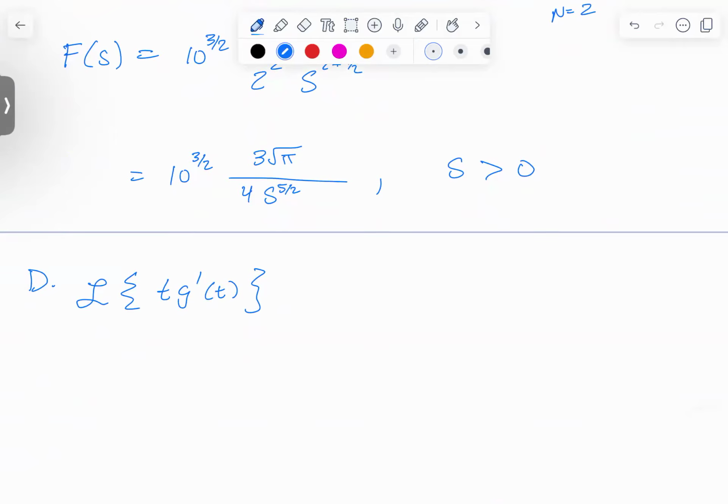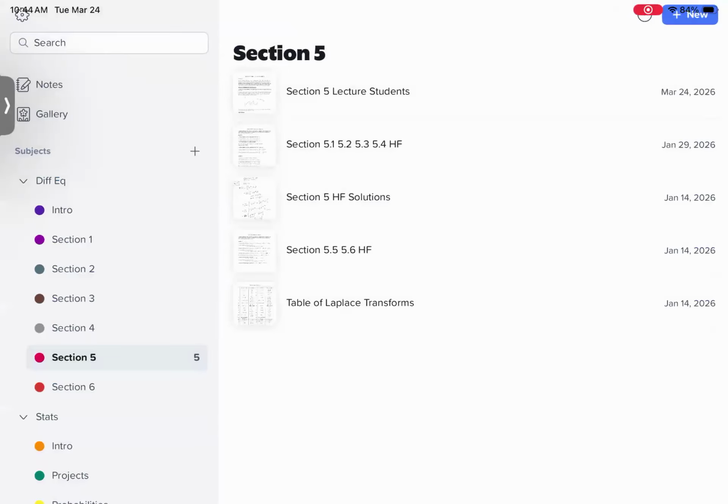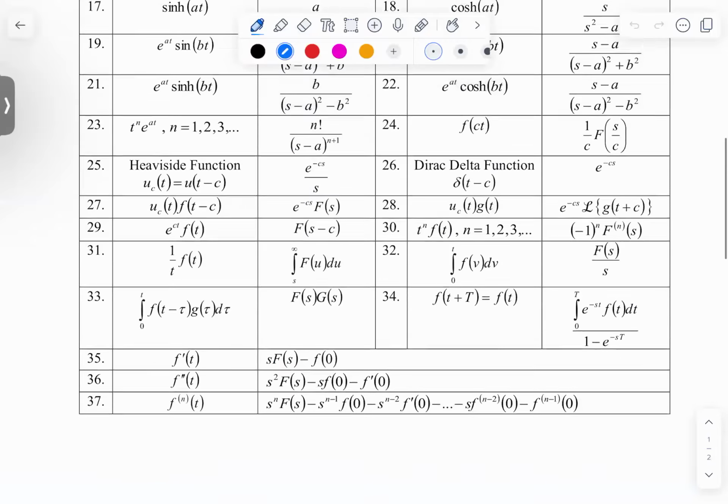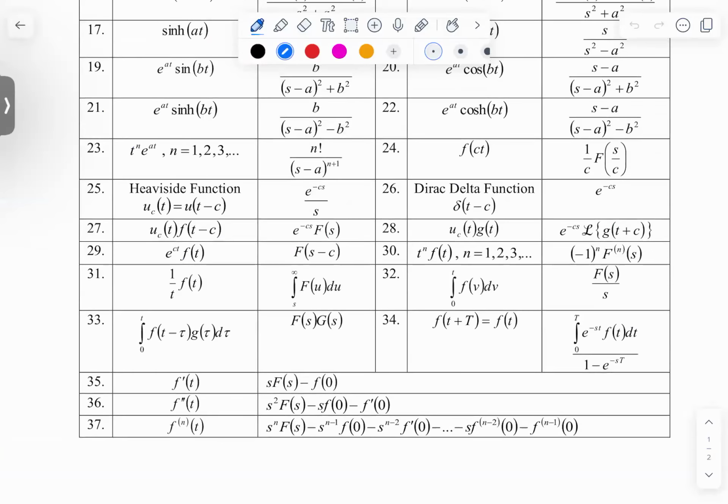Okay, t times g prime of t. That kind of looks like number 30, 100%, because I have a t and I have a function. That's pretty close to 30. But I also want to identify that 35, 36, and 37 are heavily related when you take the derivative of the function being transformed.